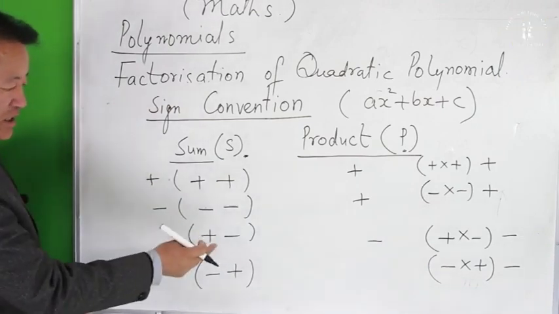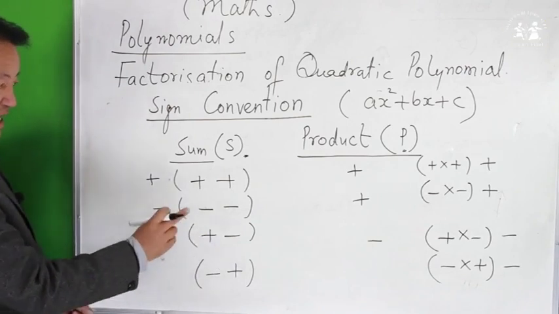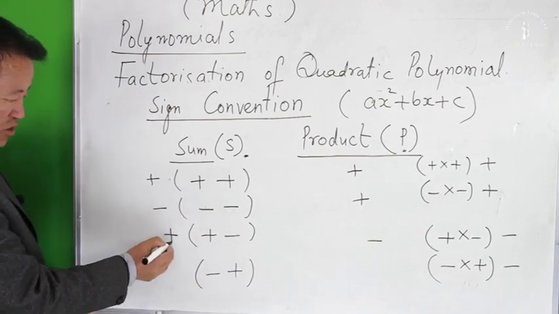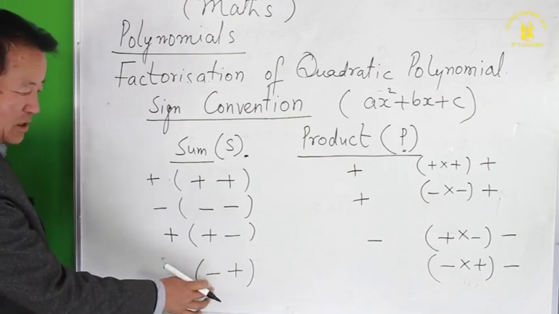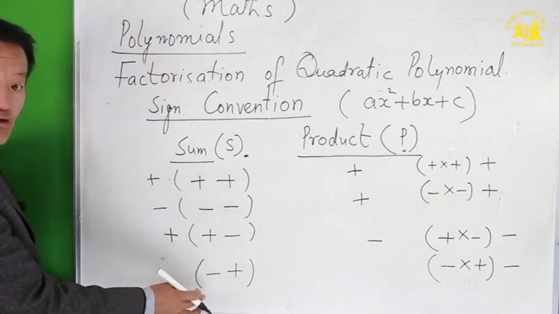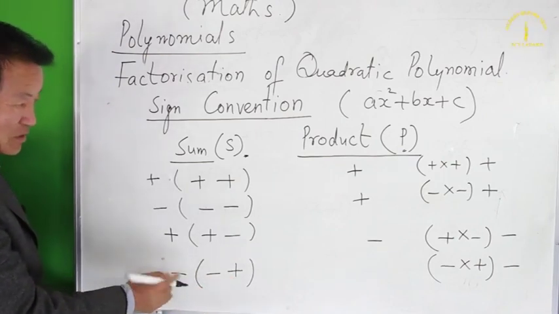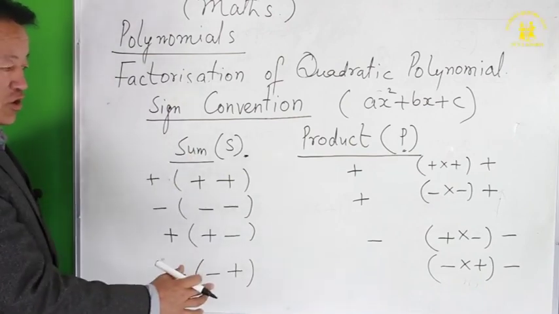So when you add, if the larger number is positive, the sign of the sum will be positive. If the larger number is negative, then the sign of the sum of the two numbers will be negative. Now this is very important, the sign convention.